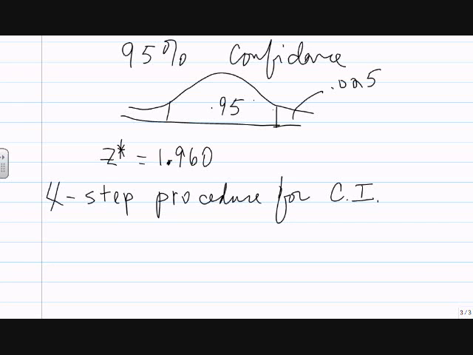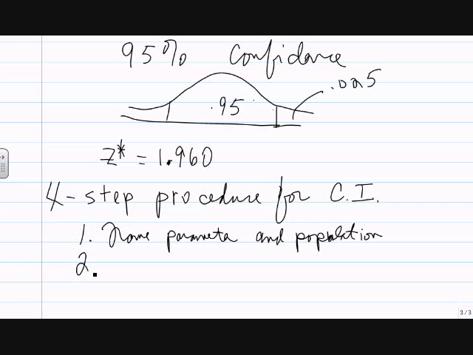So follow the 4 procedures. It's a really safe way to do these. Step 1 of the procedure is to name your parameter and your population of interest, the one that you're studying.